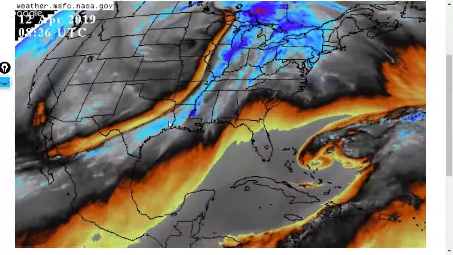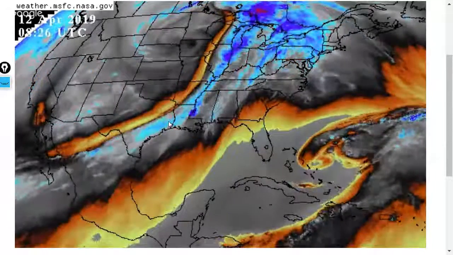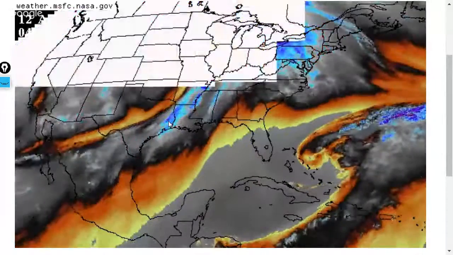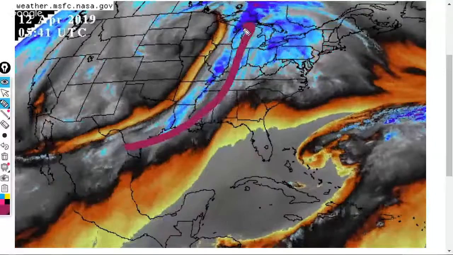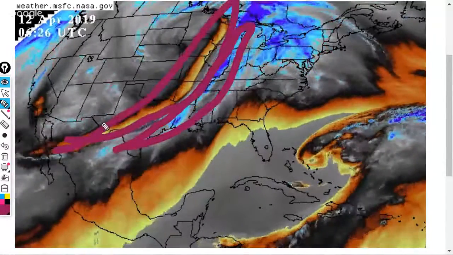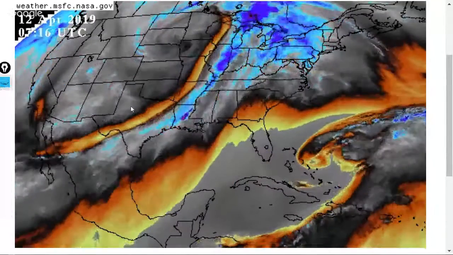Anyway, there's your water vapor map. We see this band of dry air creating a massive pressure gradient there with all that wet air over the central U.S. right in this region. There's your wet air. There's your dry air. And they are smashing together.